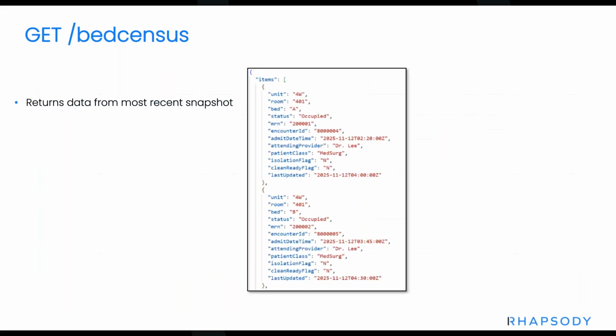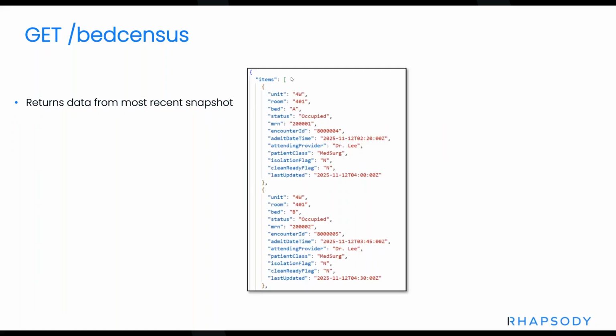These next 2 slides are going to be kind of a time lapse where I'm hoping to show how the development of this API might progress. If we were just to offer the basic get bed census endpoint, all it's doing is returning data from our most recent snapshot. This might be our first shot at what our payload looks like in our response.